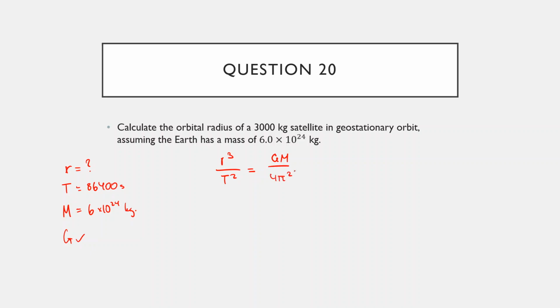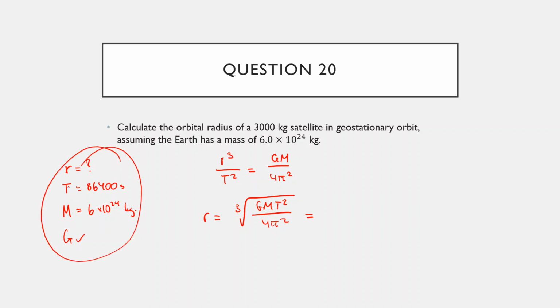We're trying to work out r, so rearrange that: r is the cube root of GMT squared over 4 pi squared.